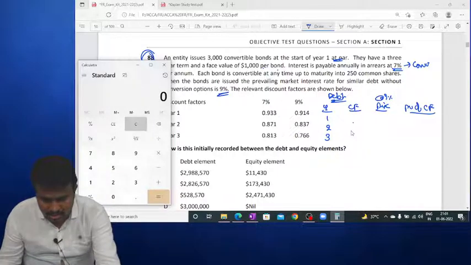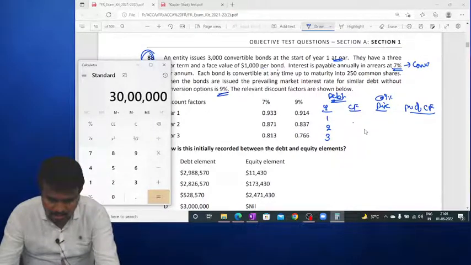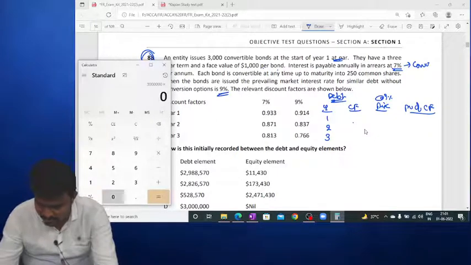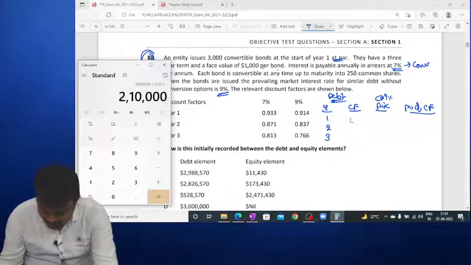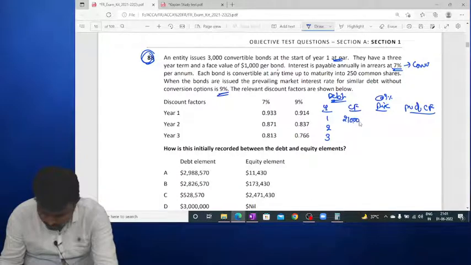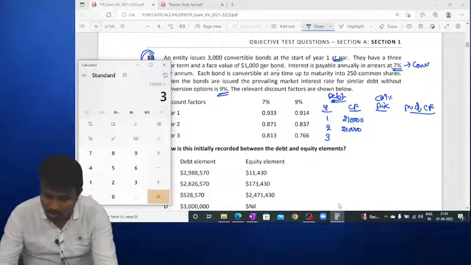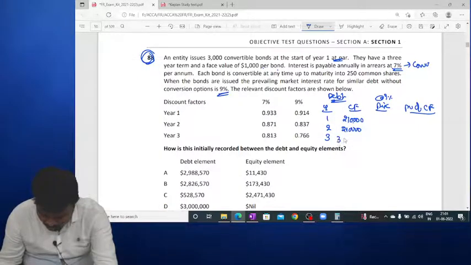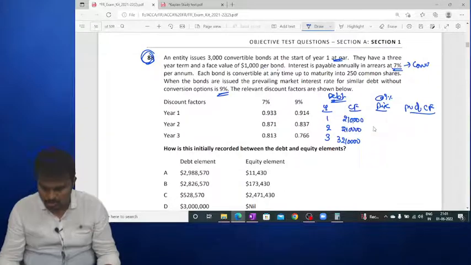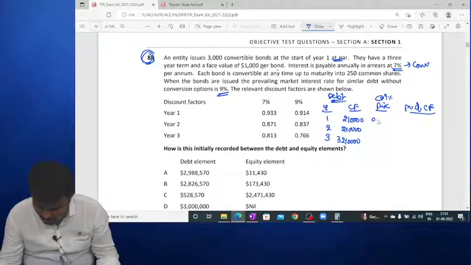The 30 lakhs total value into the coupon rate of 7% gives 2,10,000. For the third year also we need to pay interest along with redemption value of 30 lakh, so 32,10,000. Discount factors are already provided.